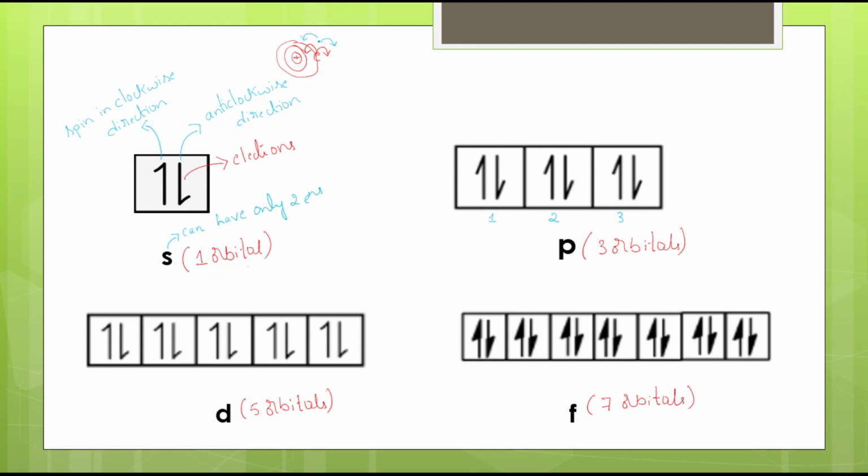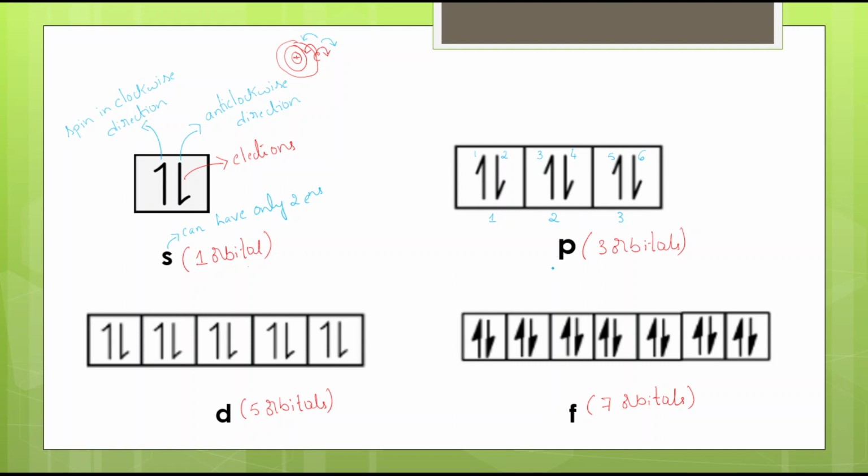Just remember, electrons are revolving around the nucleus as well as spinning on their own axis in two different directions, one clockwise, another anti-clockwise. So if it is clockwise, upward direction; anti-clockwise, downward direction. In total, how many electrons do we have? It is 1, 2, 3, 4, 5, 6.